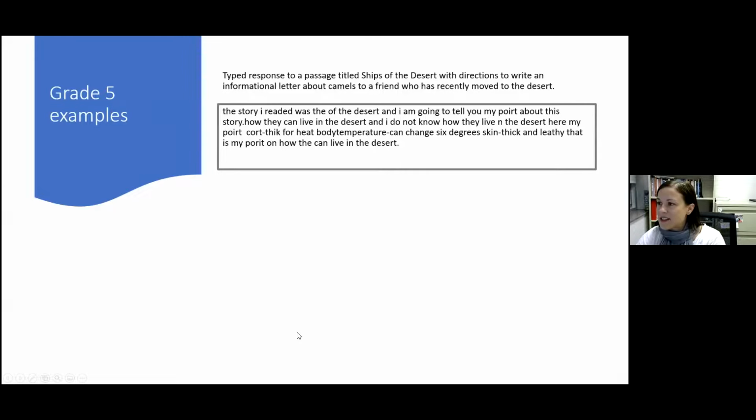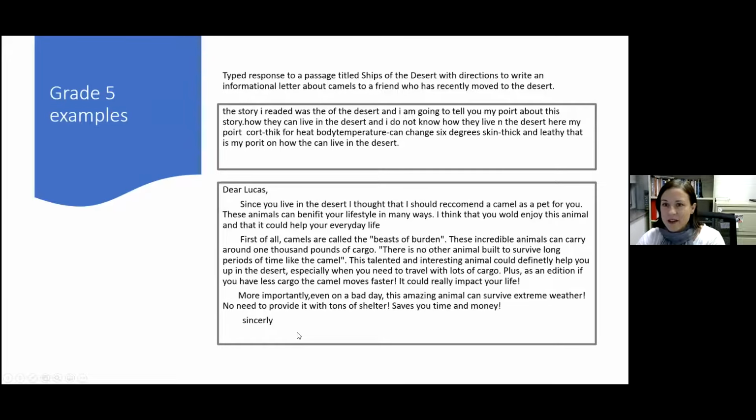So I pulled out some fifth graders from the sample that I collected a while ago. I asked students to type a response. They read a passage about camels and described how camels were the ships of the desert. Then we asked the fifth graders to write an informational letter to a friend who had recently moved to the desert.